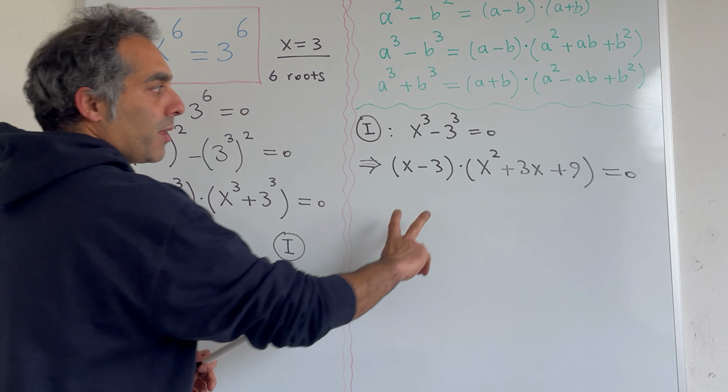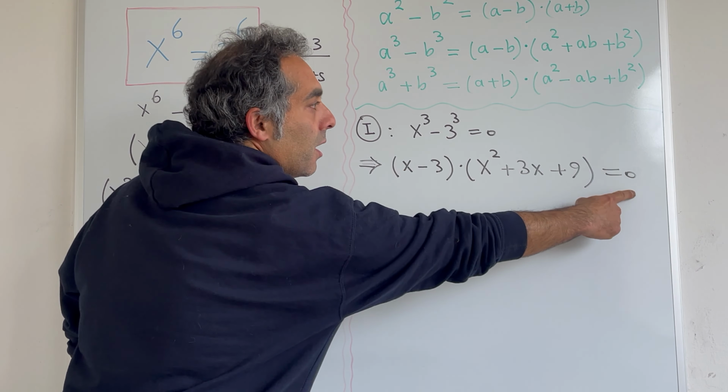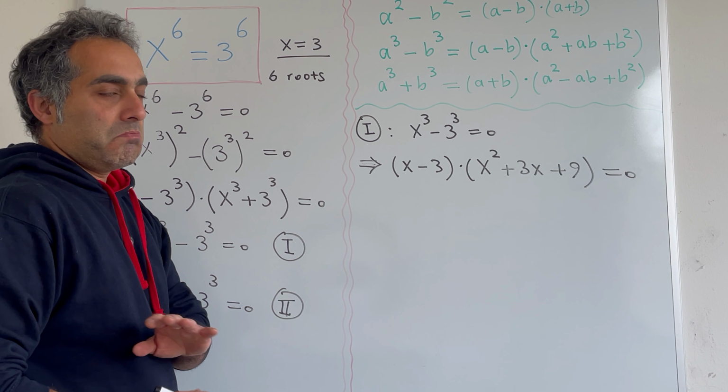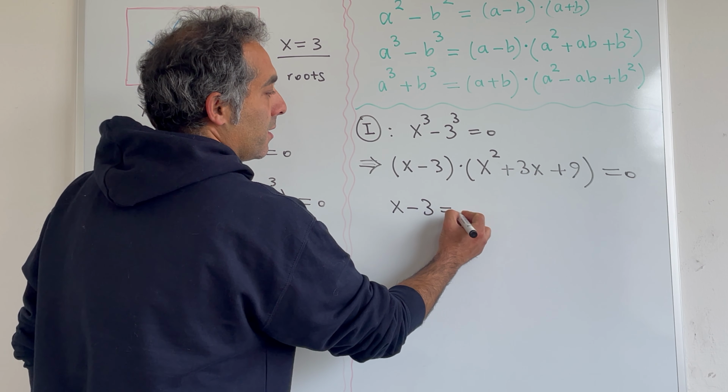So again, the first one times the second one equals 0, so separately, they should be equal to 0. The first one, x minus 3, equals 0.